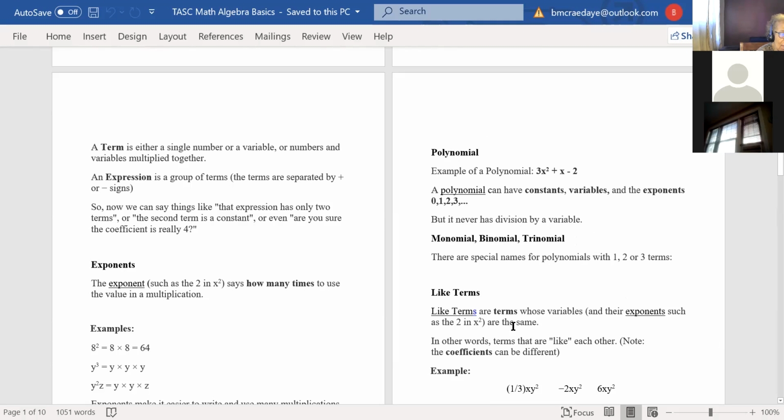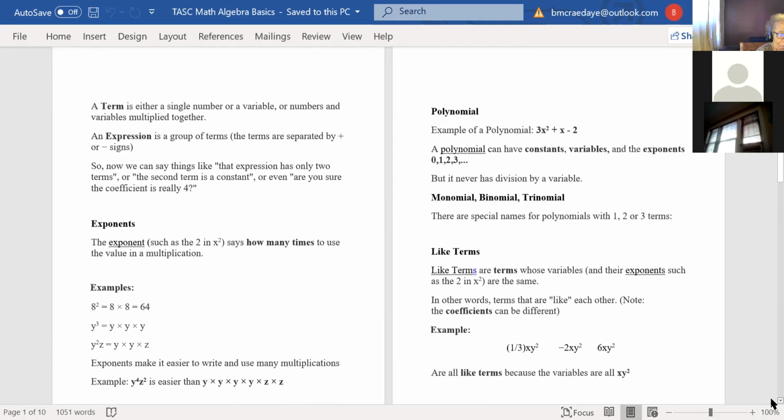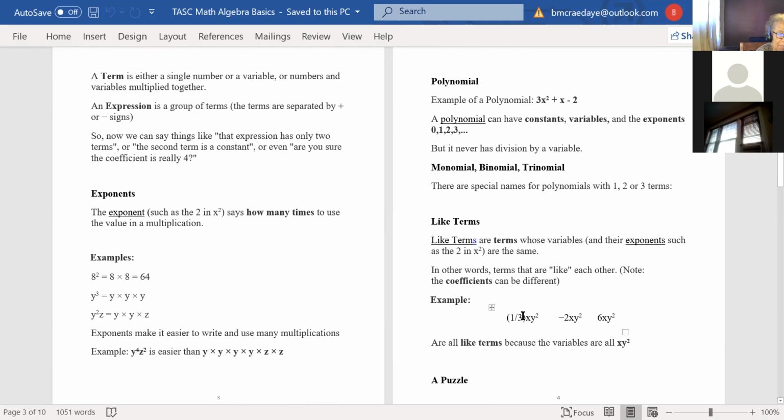Like terms are terms whose variables, and if they have exponents, exponents, are the same. Here's an example. What do these terms have in common? They all have x, y to the second power. So they are like terms. That means you can combine them. You can combine the coefficients.